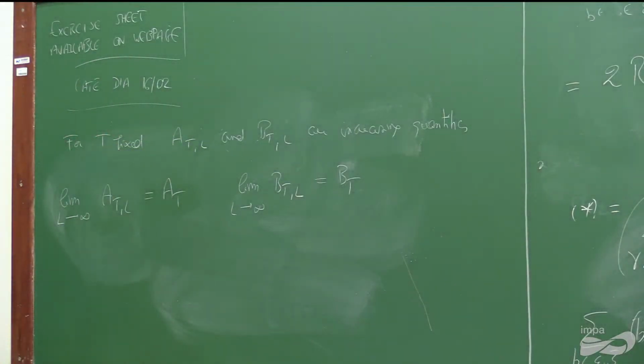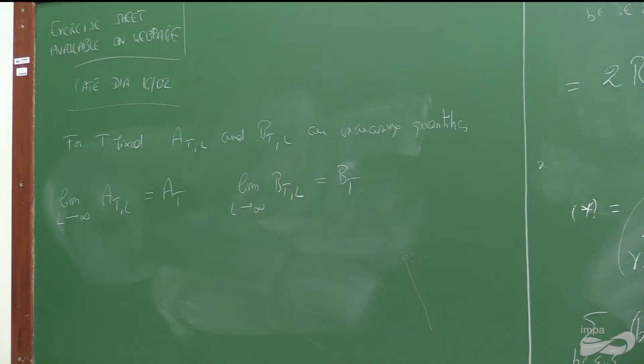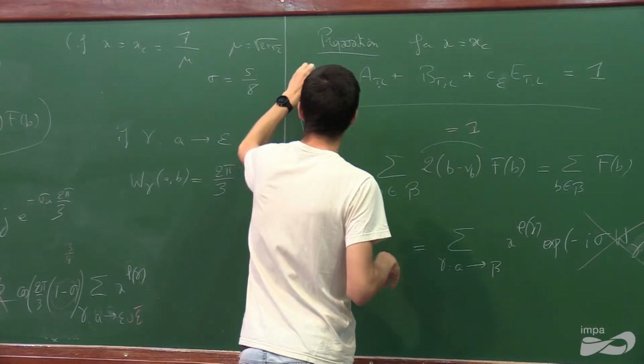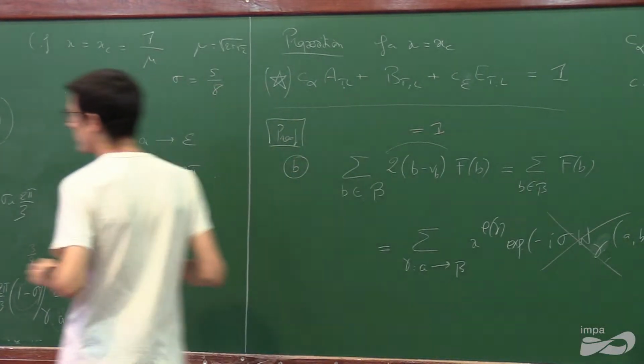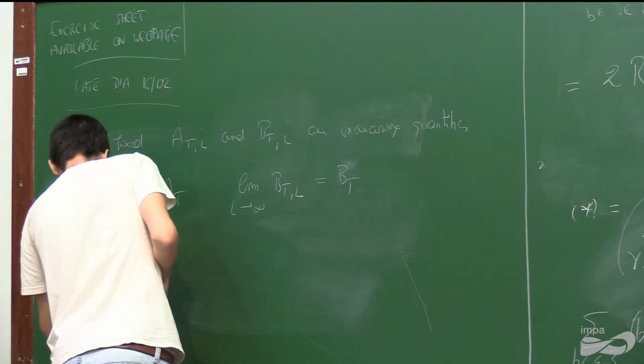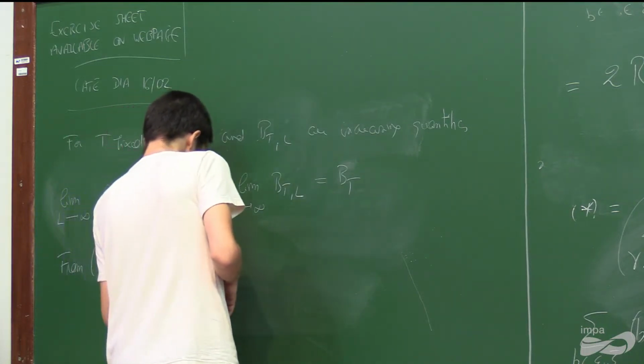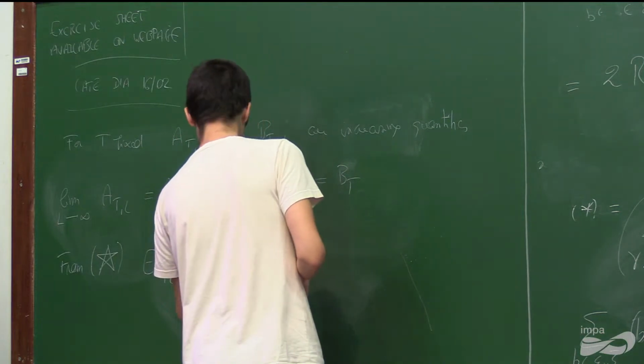Well, a consequence of this is that E_T^L is decreasing. Okay, the sum of the three things is constant. All the coefficients I have are positive. So from the star identity, E_T^L is decreasing.